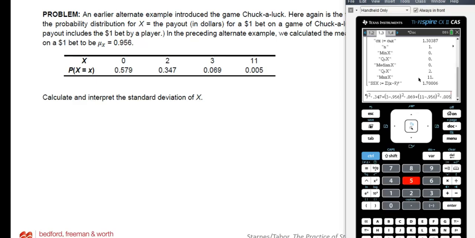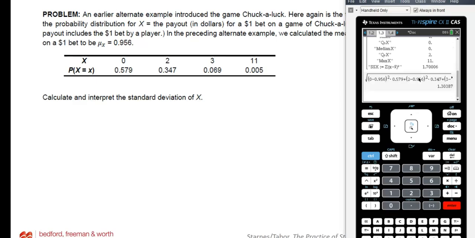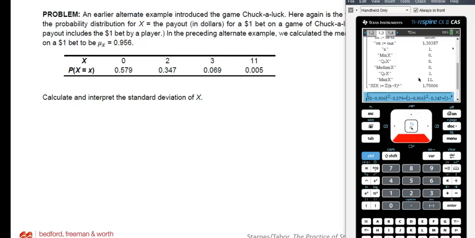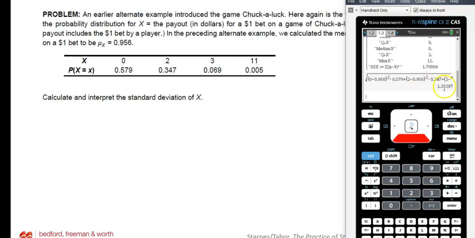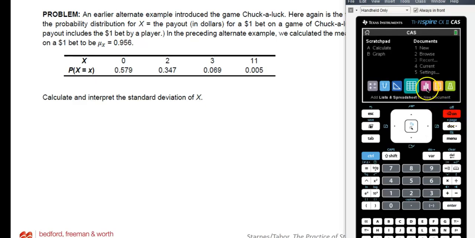It'll be a miracle if this works. Is that the right answer? 1.3. Phew, beautiful.